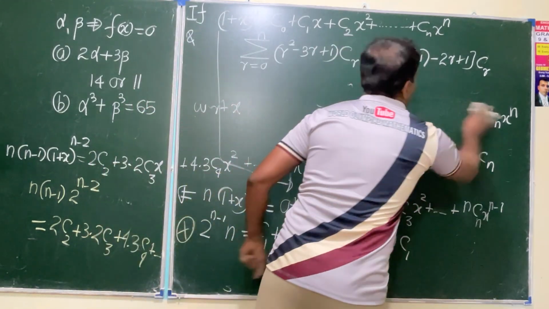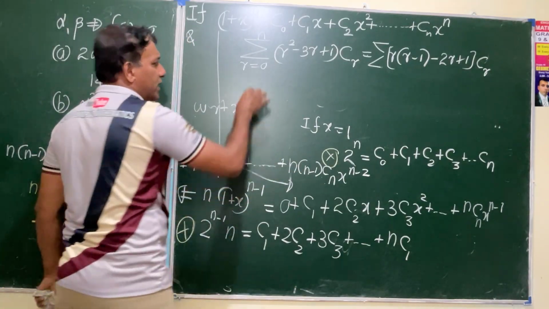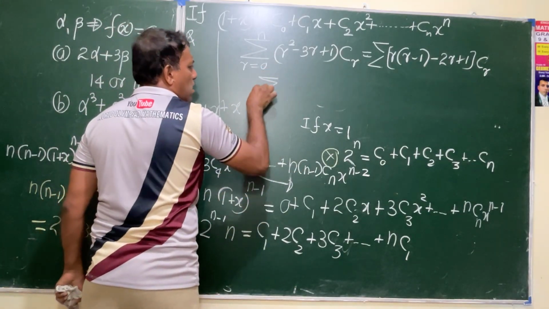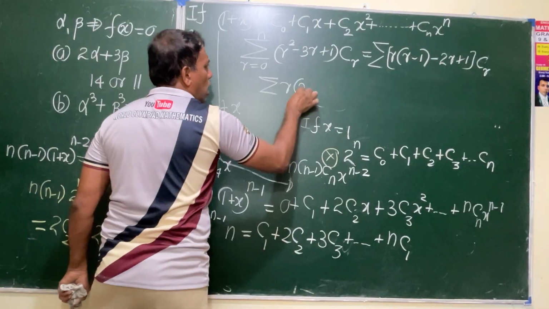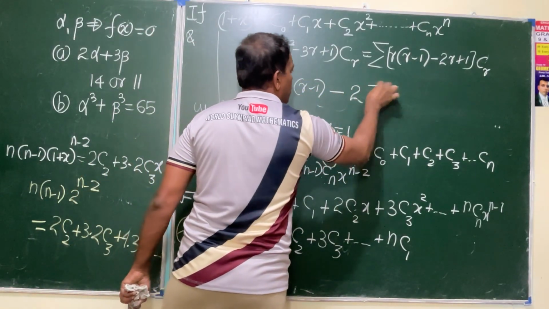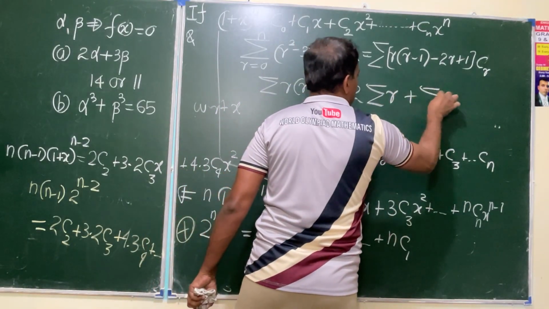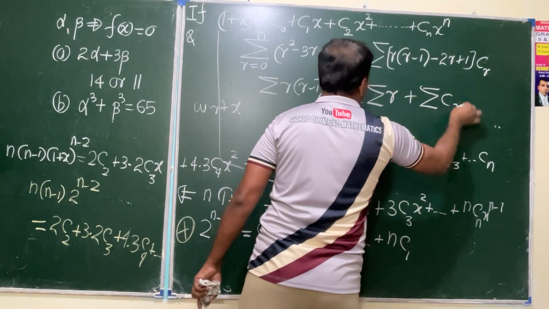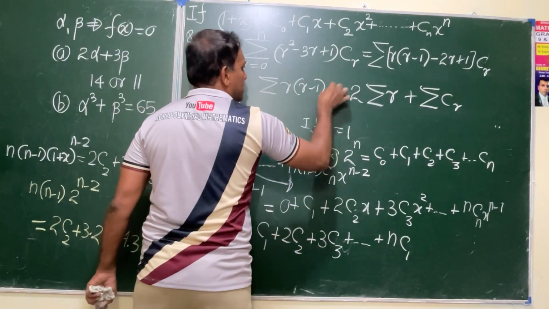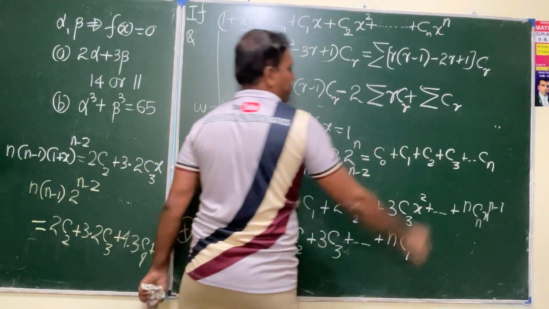Now, can I write that separately with the sigma notation? Sigma r into r minus 1 Cr, minus 2 into sigma r Cr, plus sigma Cr. I think all the parts consist of Cr.